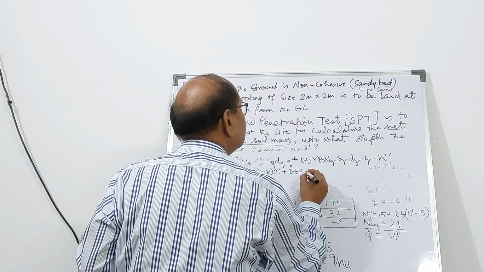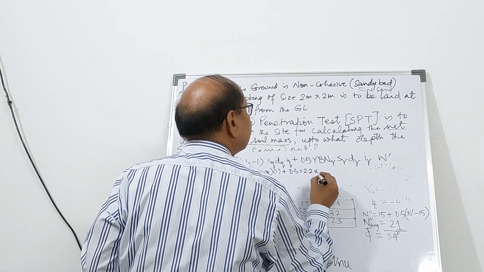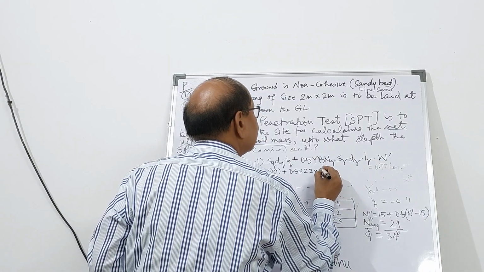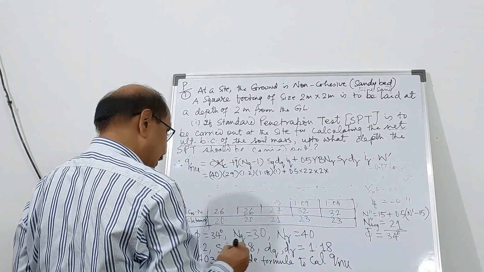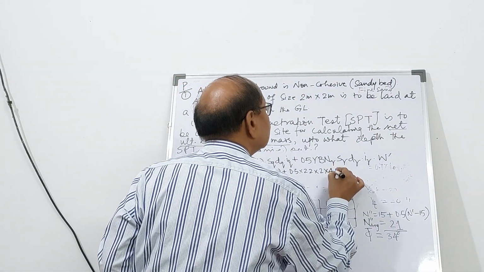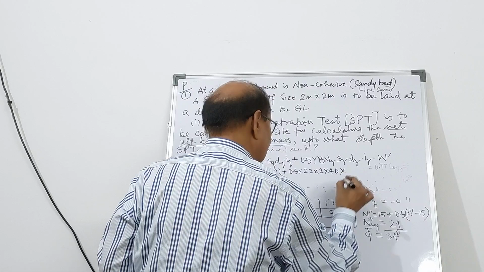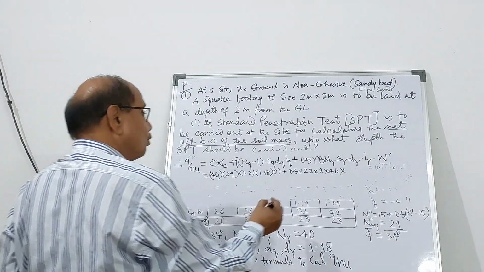Gamma below the base of the footing is 22, gamma saturated. B, the width of the footing, is 2 meter, N gamma is 40, we have already seen. S gamma you have already found out, 0.8.